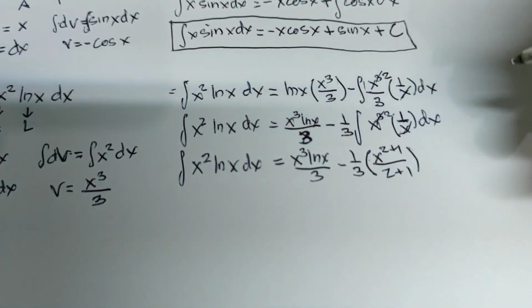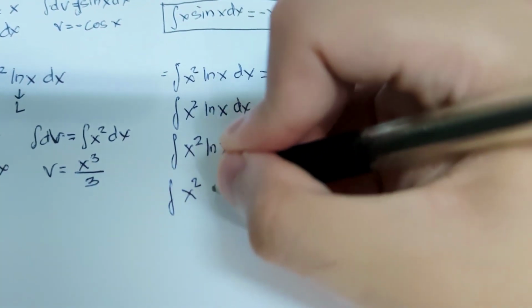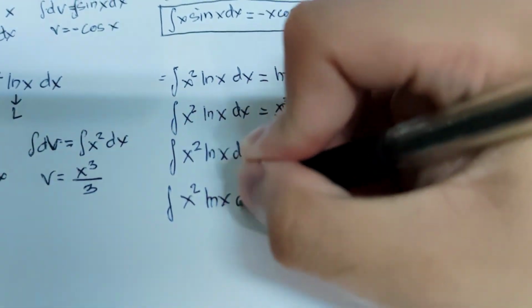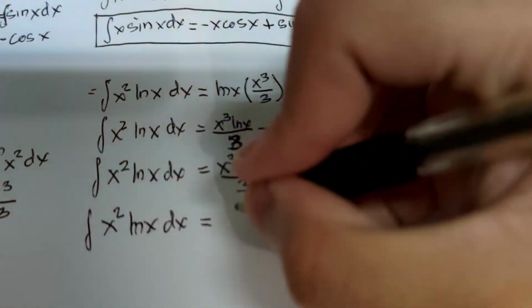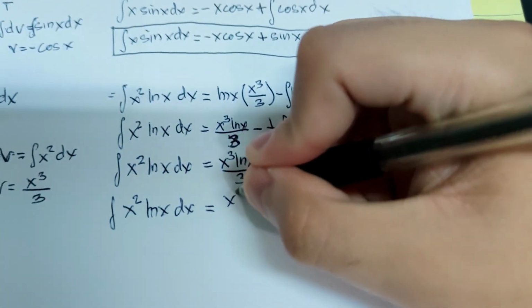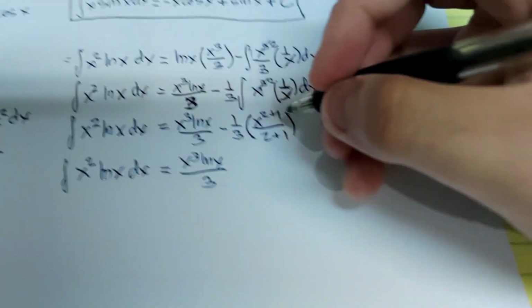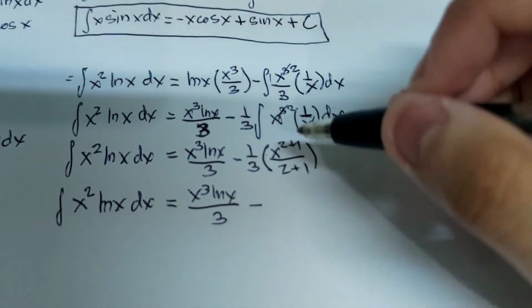And next we have the integral of x squared ln x dx equal to x cubed ln x over 3 minus, we can multiply this.